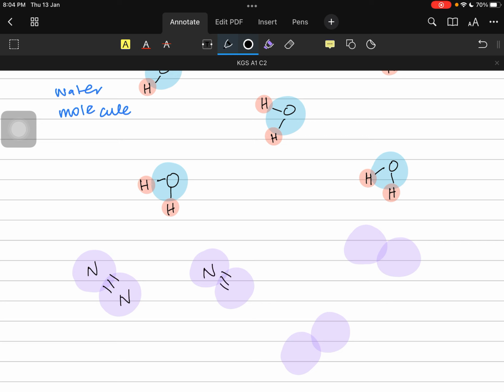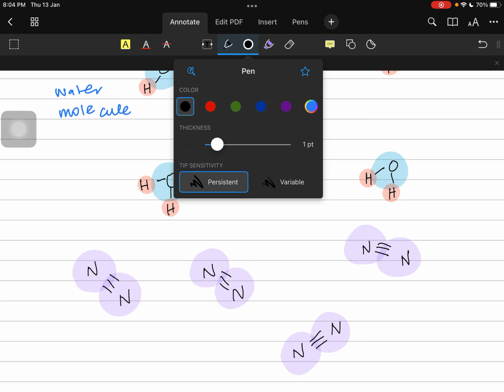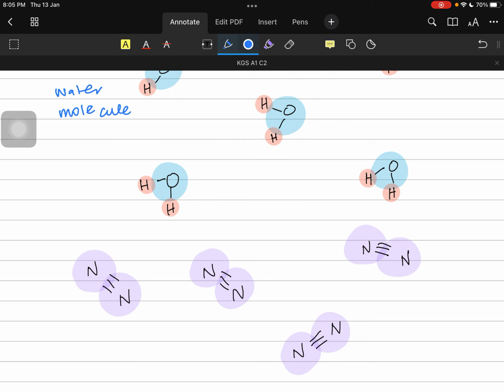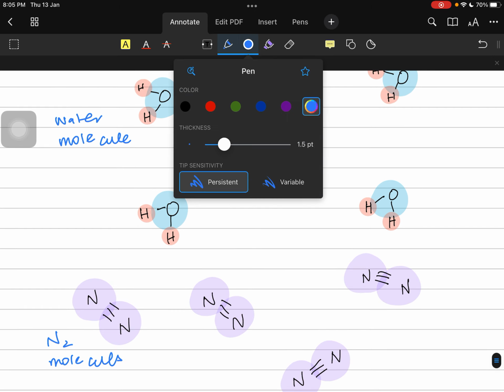Remember, nitrogen belongs to group 5, so they have 3 covalent bonds between them. These are nitrogen molecules, 2 nitrogen atoms in a diatomic state combined together. It's an N2 molecule, and there are weak intermolecular forces here. These forces are not very strong, so they can be overcome really easily.